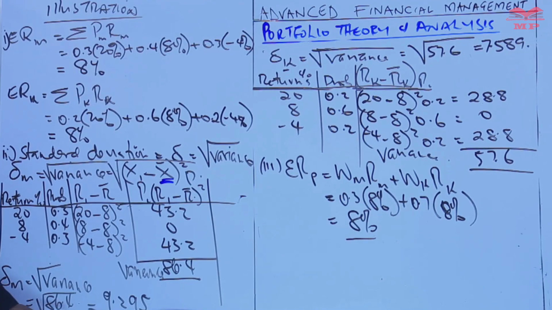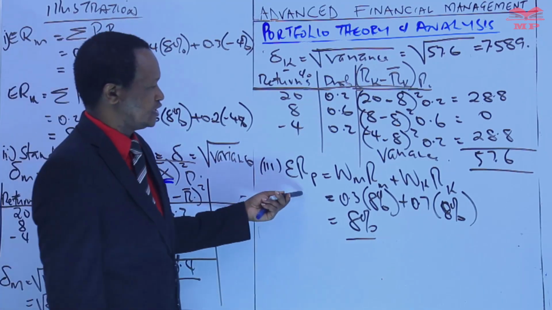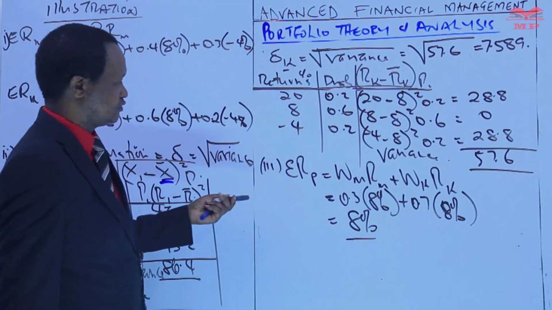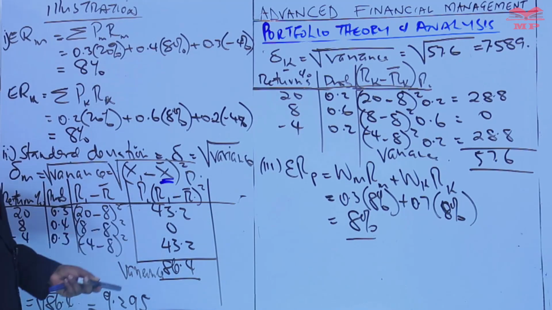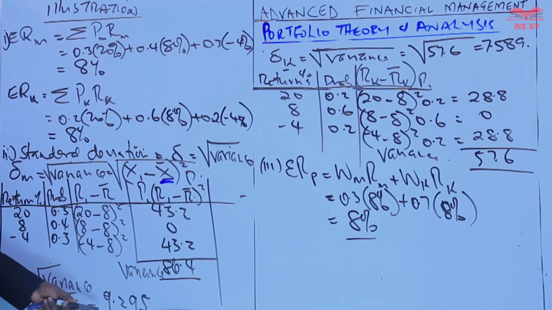We've calculated the standard deviation and the expected return of the portfolio. Now when we say the standard deviation of security M is 9.295%, what does that mean? What is the interpretation?